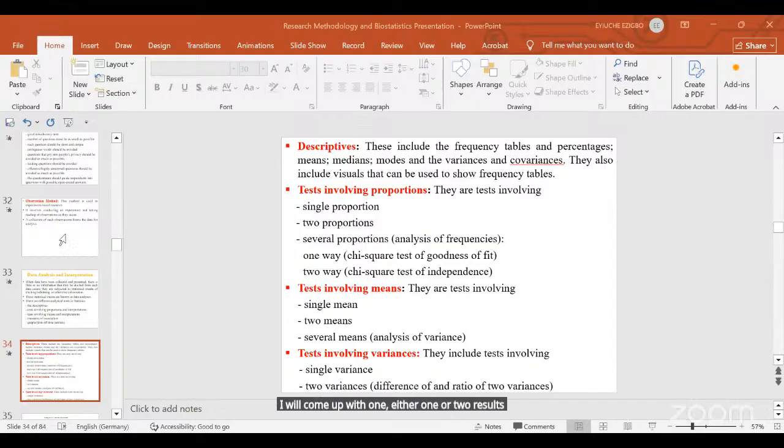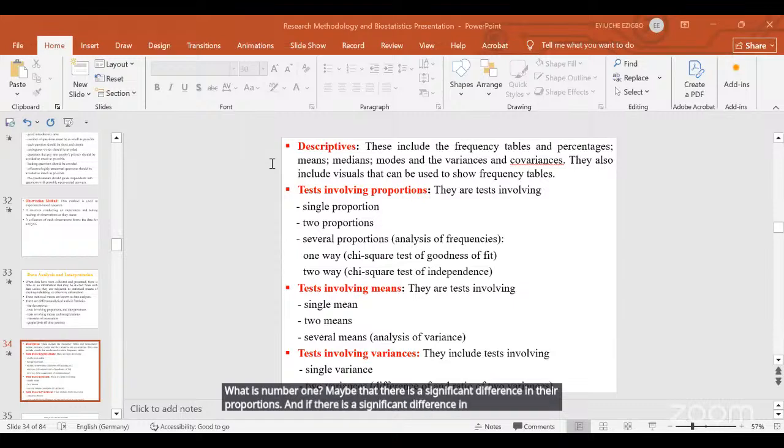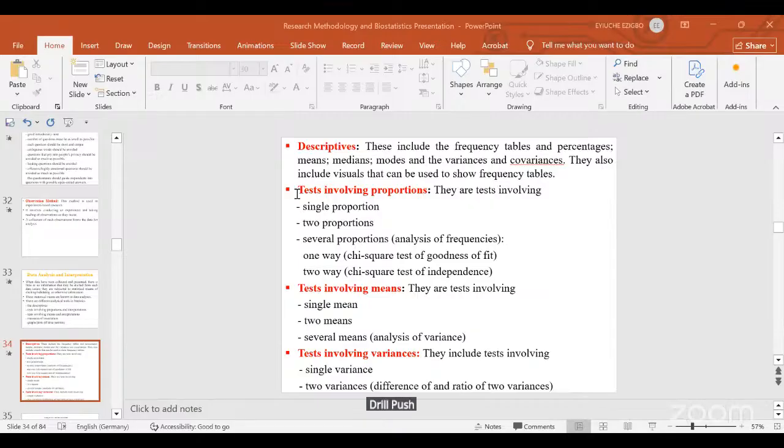What is number one? Maybe that there is a significant difference in their proportions. And if there is a significant difference in their proportions, I will now conclude that the proportion of the patients that are suffering from this ailment is not the same with respect to their blood group. I hope it's clear.